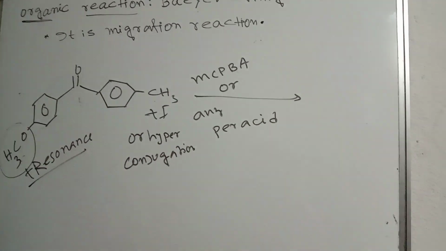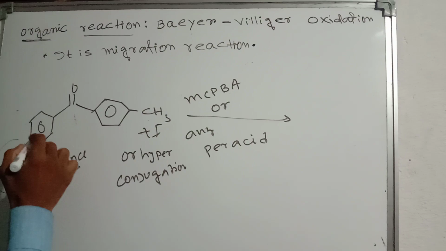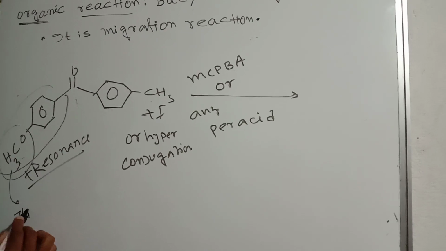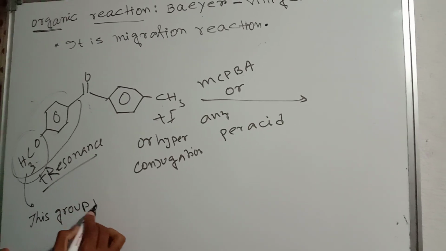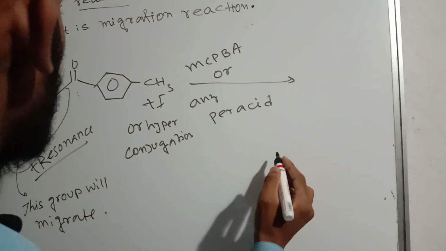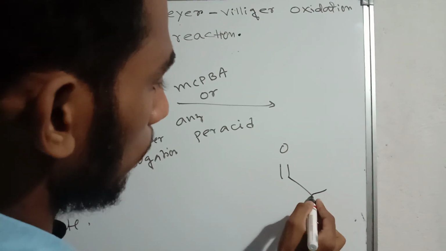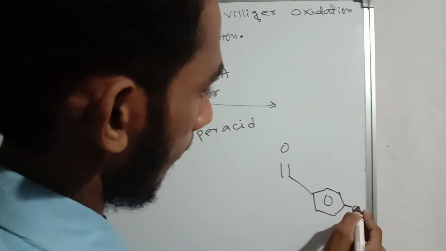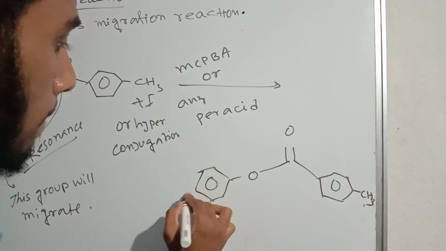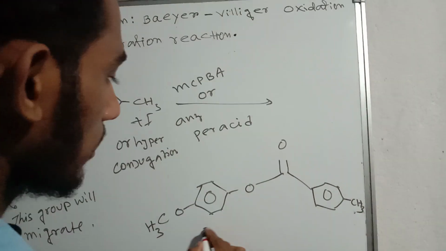We know that the resonance effect is more predominant, and hence this ring will have greater electron density than this group, and hence this group will migrate. Ultimately we get the oxygen insertion between the carbonyl and the migratory group. Since anisole migrates, ultimately we get this product.